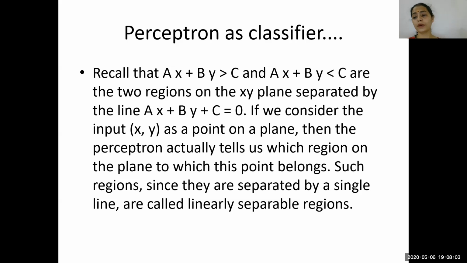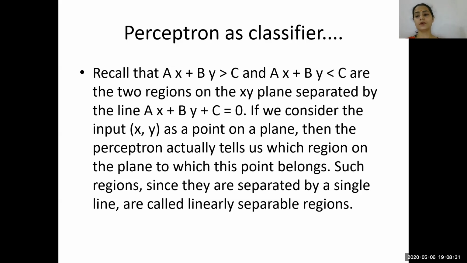This brings us to an important point: if we are trying to use the perceptron, the basic artificial neural network, as a classifier in our model, there is a limitation to it. The perceptron can be used as a classifier only when the two classes are linearly separable.